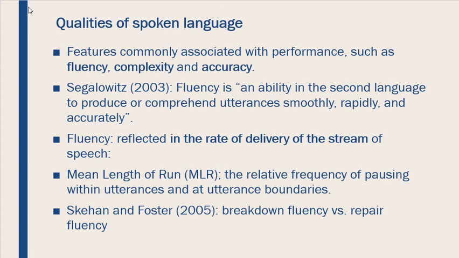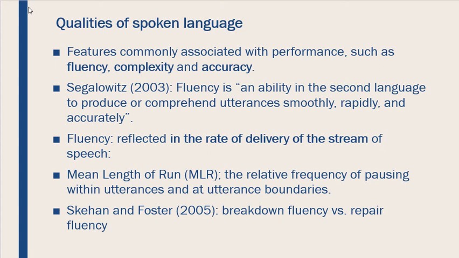Fluency is one of the concepts that Bygate has talked about a lot in the paper. However, the other two components have not been discussed much, so I will touch on them as well and provide some basic ideas about what they are. But let's take a look at fluency first.